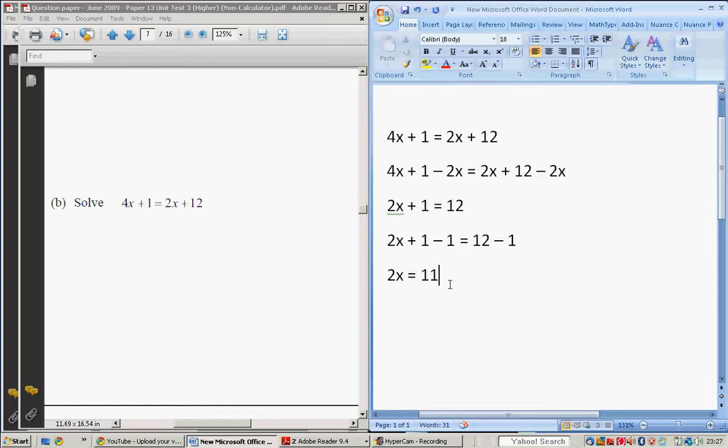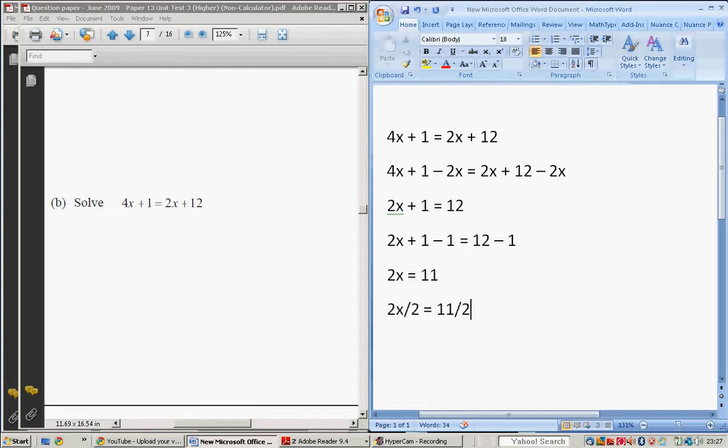We do the inverse of times 2, which is divided by 2. The inverse of multiplying by 2 is dividing by 2. So we do 2x divided by 2 equals 11, also divided by 2. They're still equal because we've halved both of them.